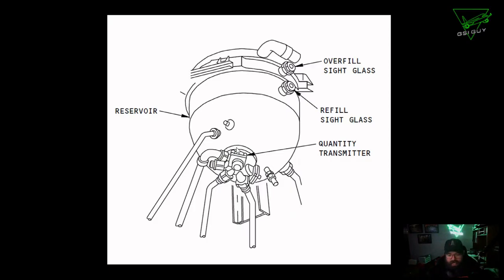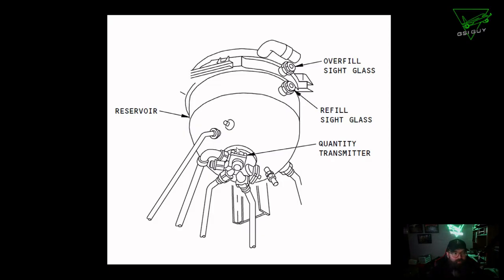And what it does is it takes the change of fluid and it creates an electrical current that it sends to the EICAS monitoring computer. And then the EICAS monitoring computer takes that voltage reading and says, oh, well, it's this much voltage, therefore it's this full. And then it sends up the decimal to the status page.